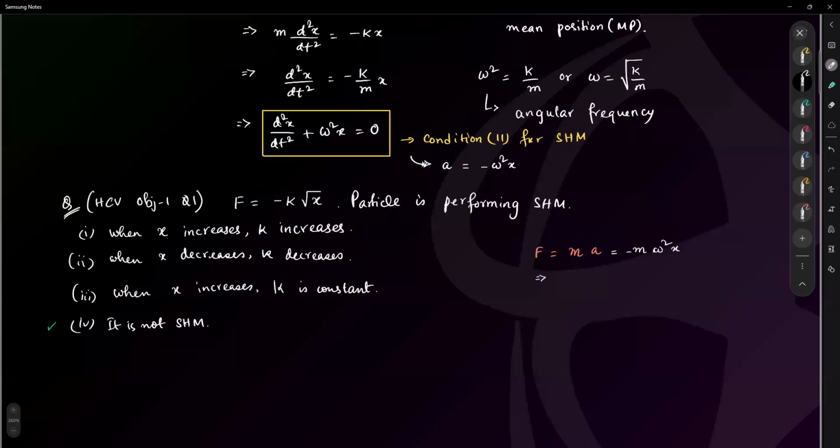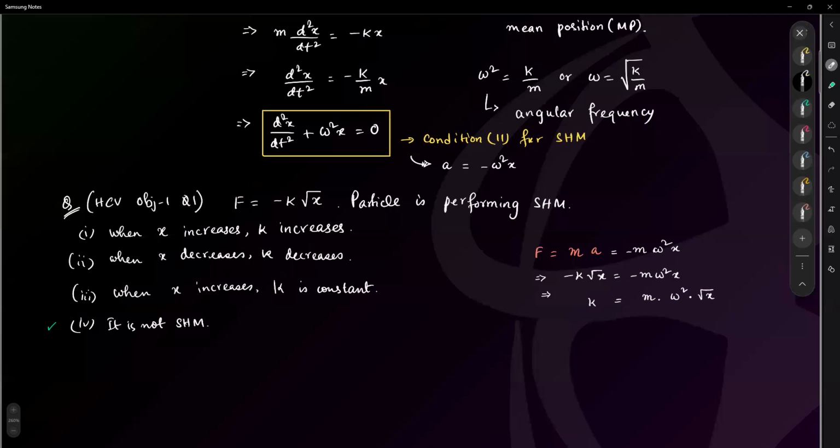Here it is given as minus k root x, right? That means here the negative signs cancel out. Here we should first cancel out the negative signs. What are we left with? We are left with k is equal to m into omega square into root x.